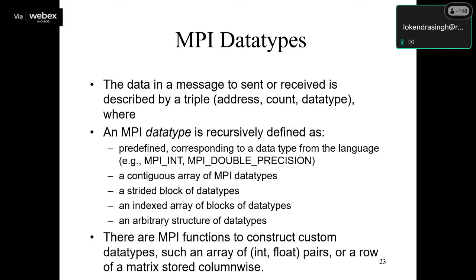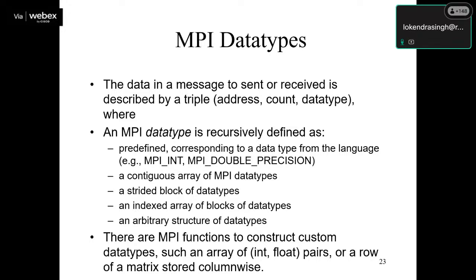There is an example. A contiguous array of MPI data types. Contiguous, everyone knows about this. Contiguous memory locations, so all the data types should be the same. A strided block of data types, an indexed array of blocks of data types, and an arbitrary structure of data types.